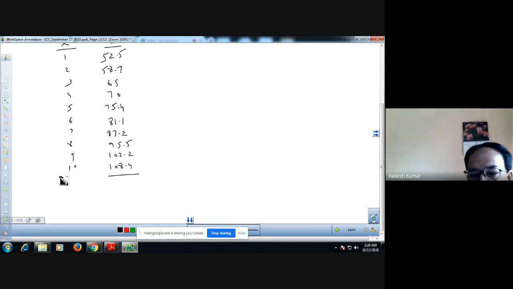So these are the values of x and y given to us.